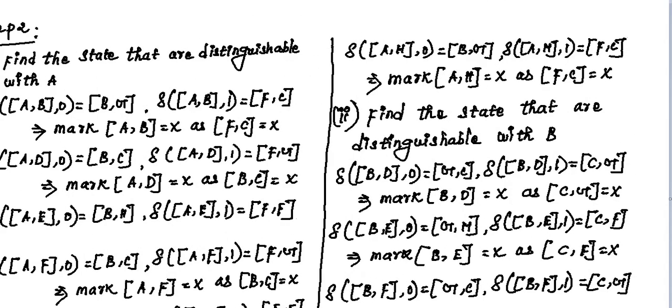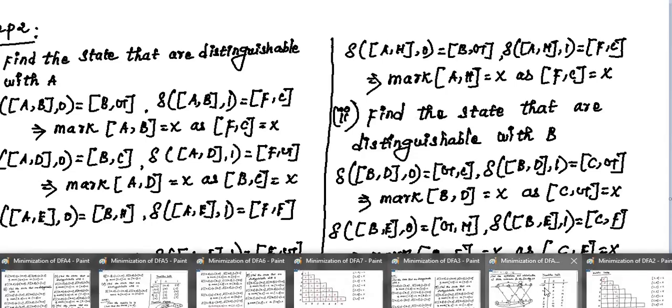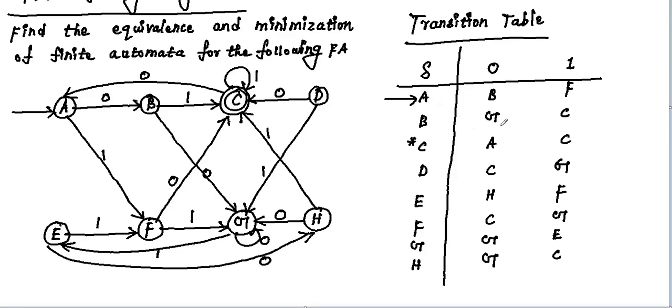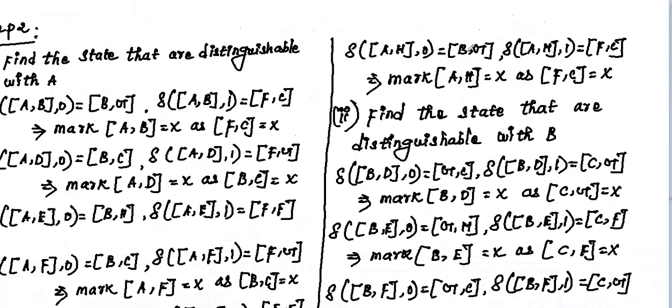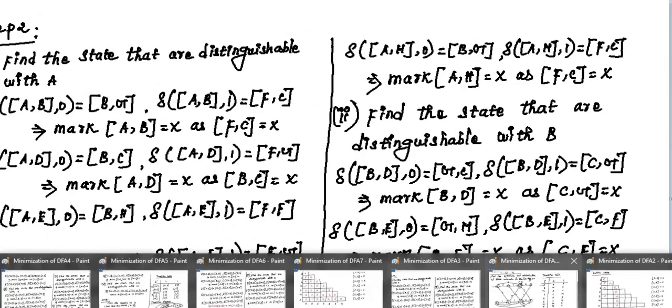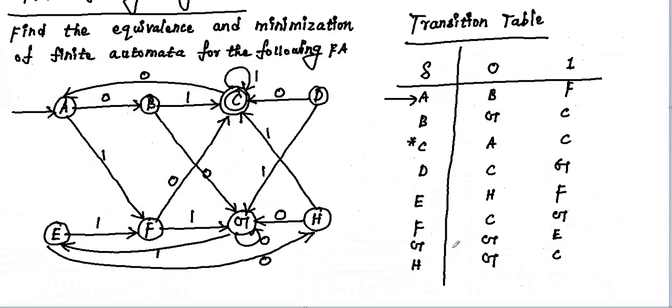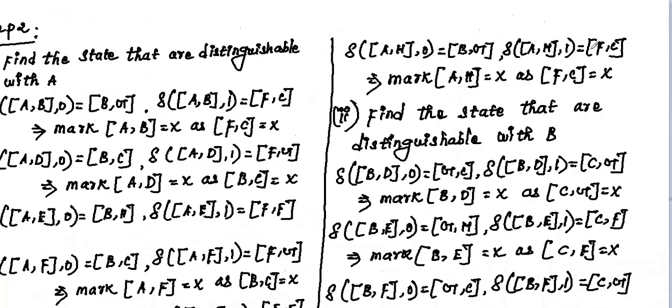What is the next pair? Del of AH 0 and AH 1. So del of AH 0, look at the transition table, AH 0 is BG. Here BG. Del of AH 1, AH 1 is FC. Here FC.